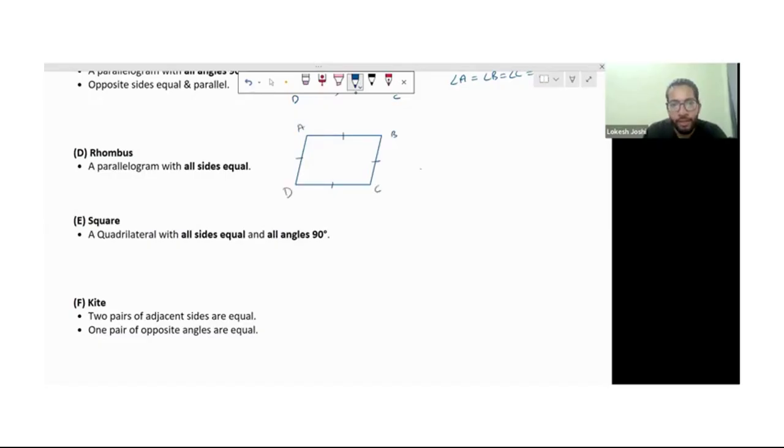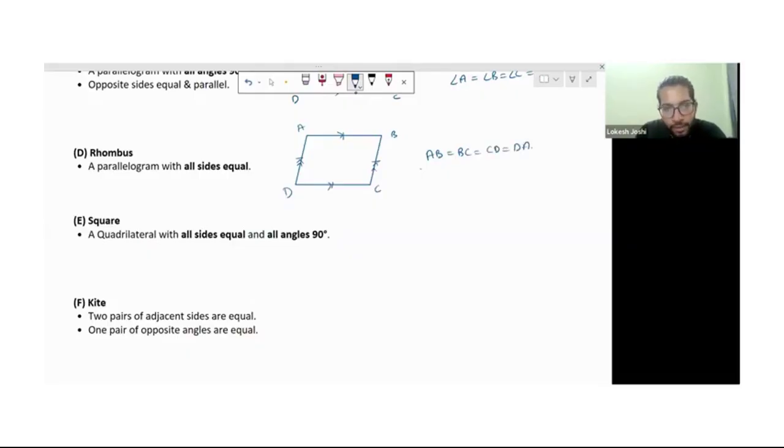But the condition of a parallelogram should be satisfied, that opposite sides should be parallel. So we can say AB is equal to BC is equal to CD is equal to DA.